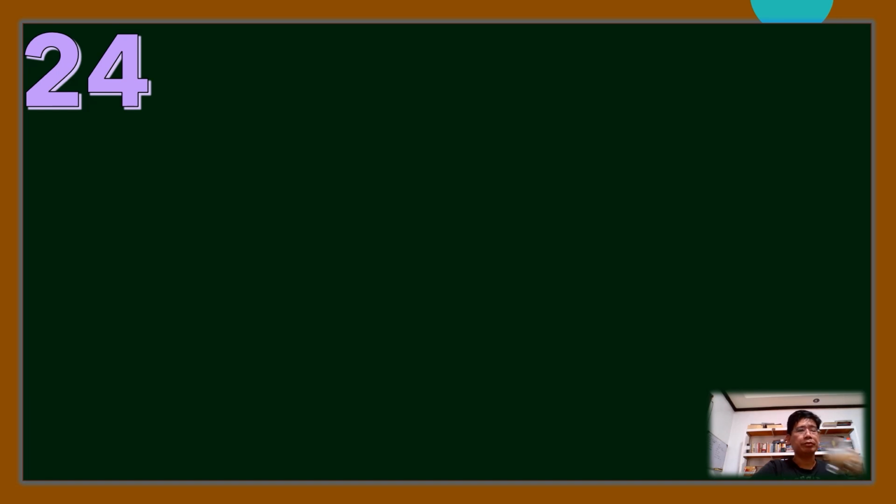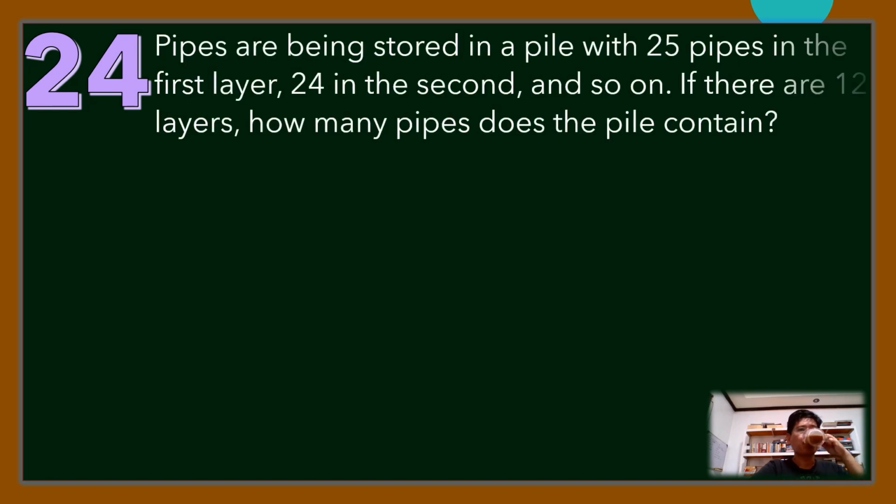Problem number 24. Pipes are being stored in a pile with 25 pipes in the first layer, 24 in the second, and so on. If there are 12 layers, how many pipes does the pile contain? Here's our suggested solution. The problem illustrates an arithmetic series.